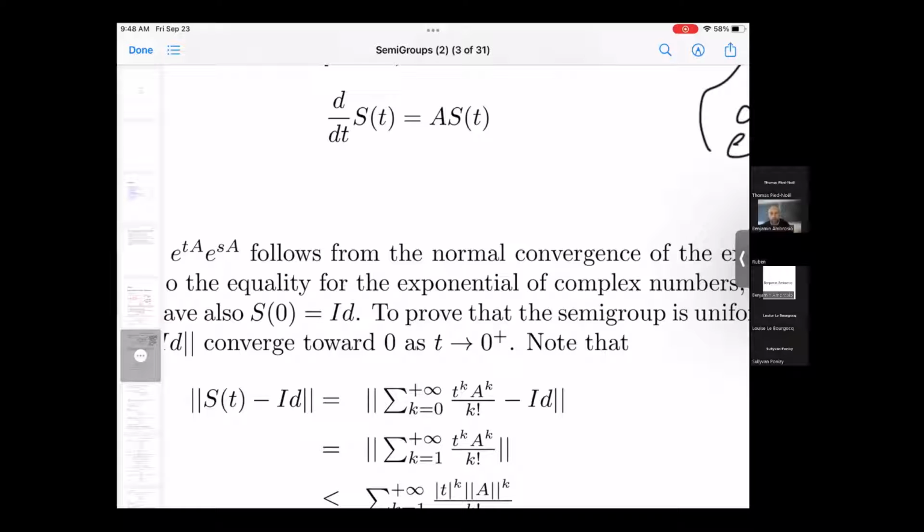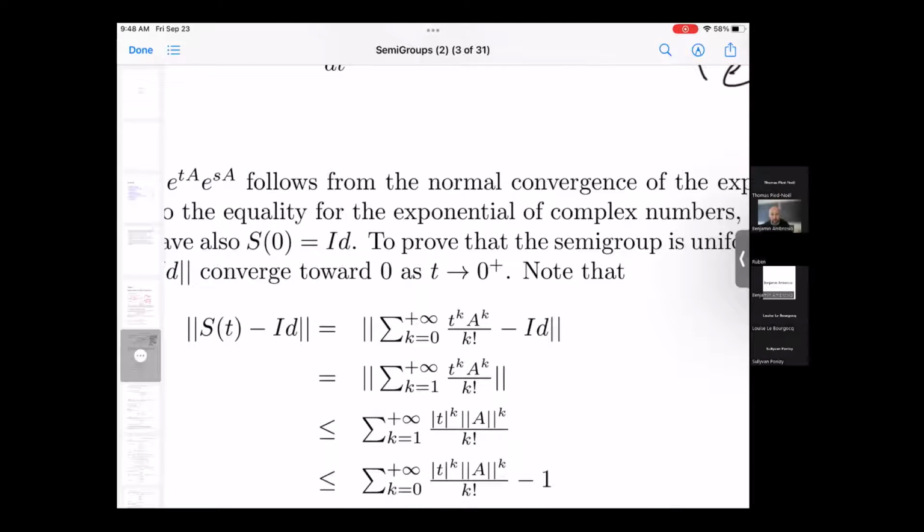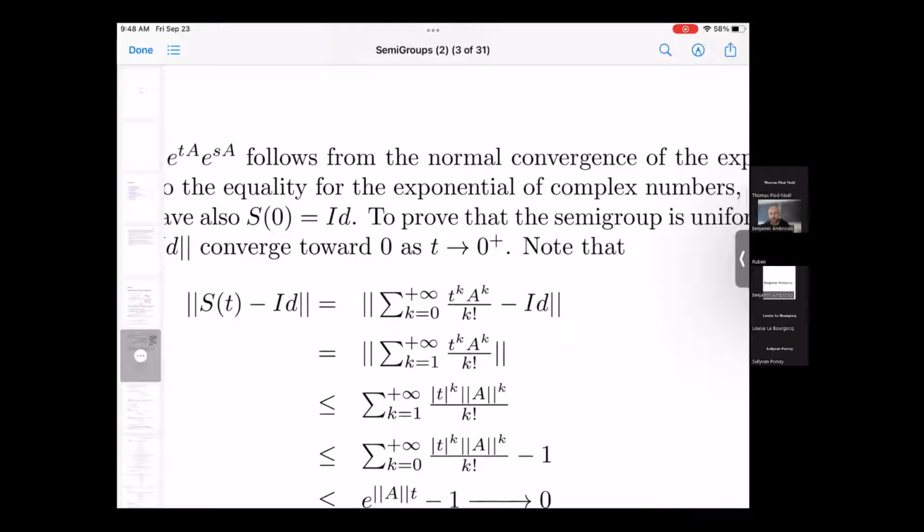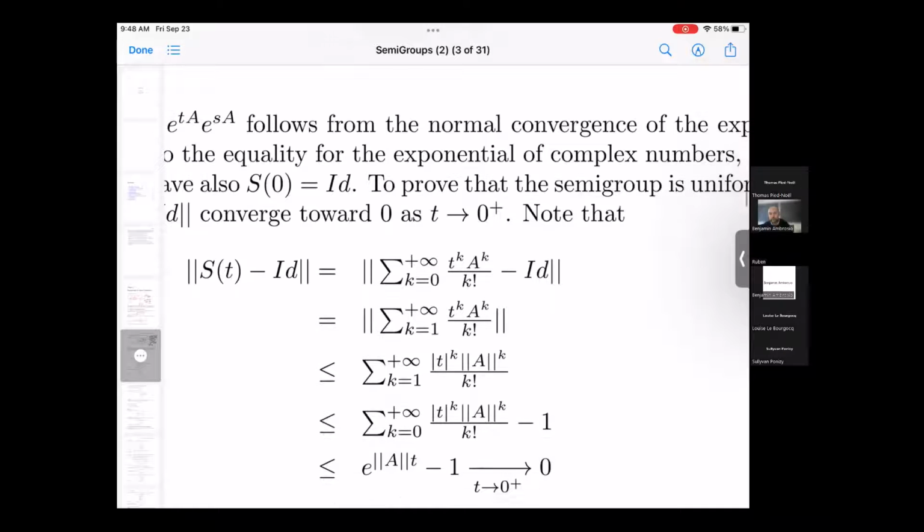Now you can put the norm inside, and here it's exactly the definition of exponential of t times the norm of A, minus 1. Why does it work so well? It's because the norm of a matrix is always finite. So you're working with real numbers, and you know that exponential of t times the norm of A converges to 1 as t goes to 0, and this gives the result.